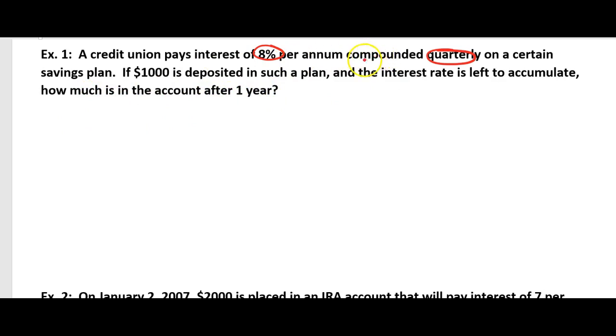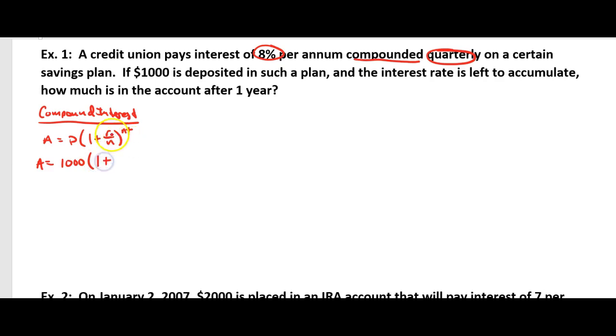Now, it says compounded quarterly, so let's talk about using that compound interest formula, where we said A equals P times 1 plus the rate divided by N, all raised to the NT power. Okay, now with this, we know that the initial amount deposited was $1,000.